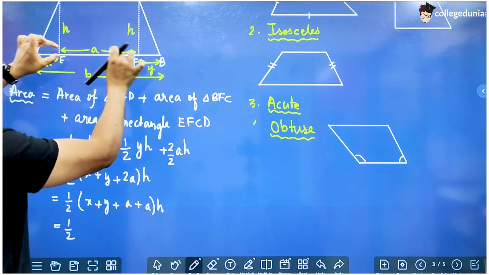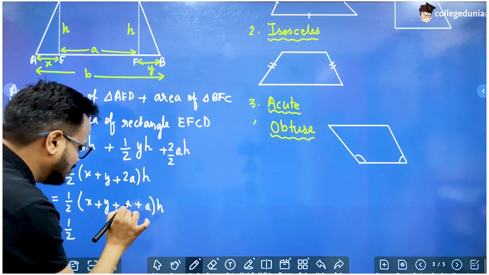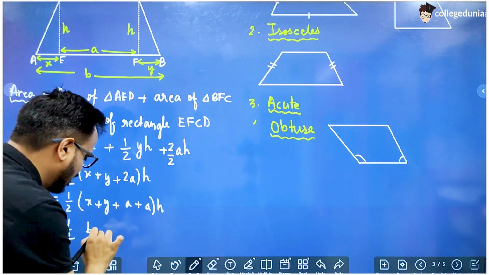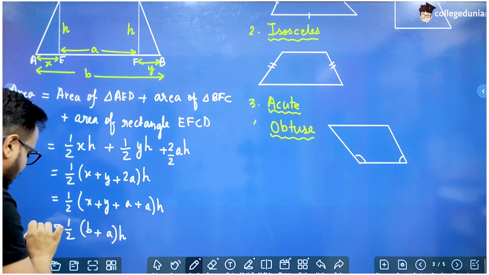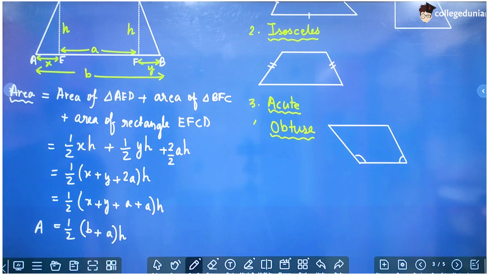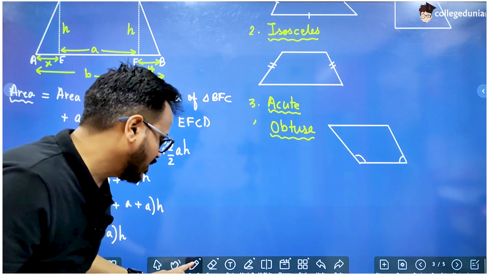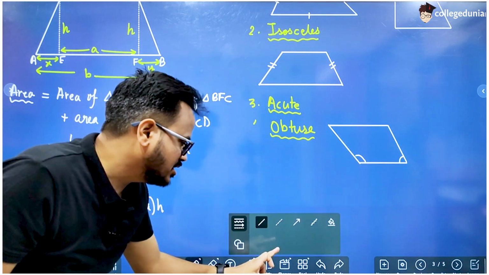So this is half into b plus a into h, and this is the area of the trapezoid or trapezium.